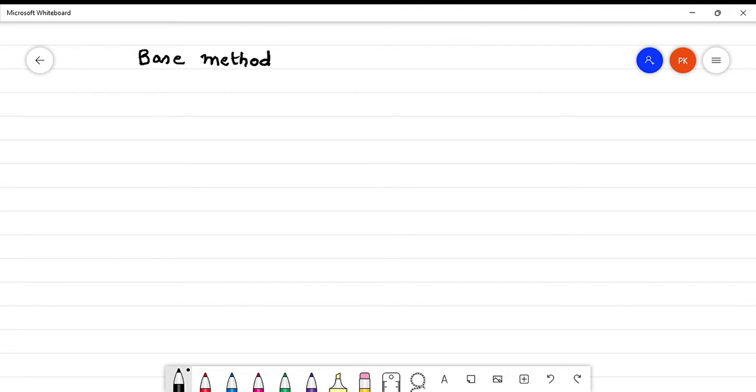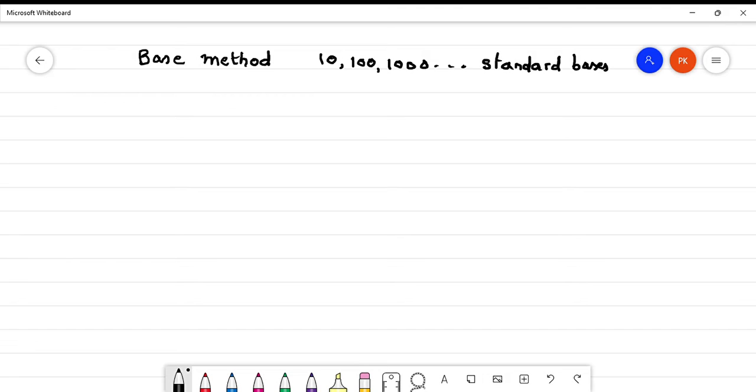Any number that is some power of 10, like 10, 100, 1000, and so on. These are called the standard bases. And we are going to use these standard bases for calculating the squares.